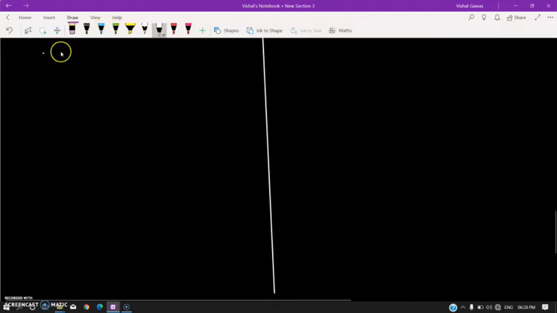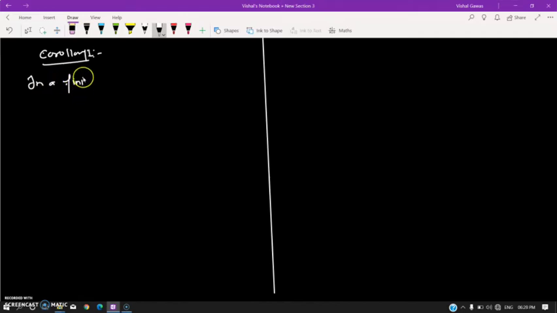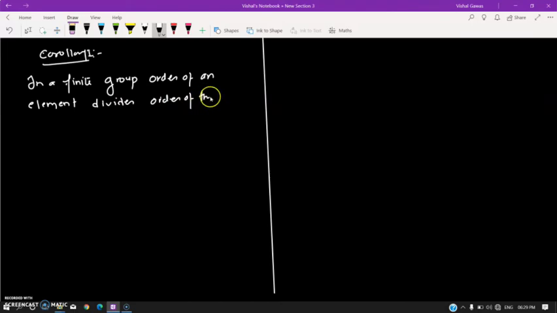So let's look at that. Corollary is, for a finite group, that's obvious, right? In a finite group, the order of an element divides the order of the group.